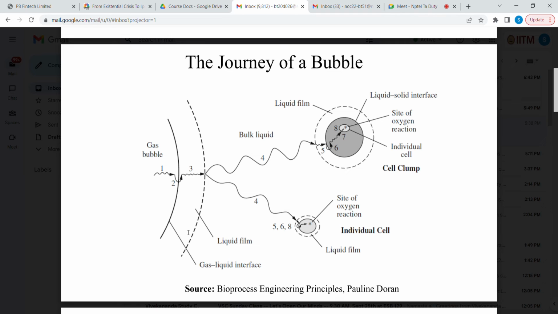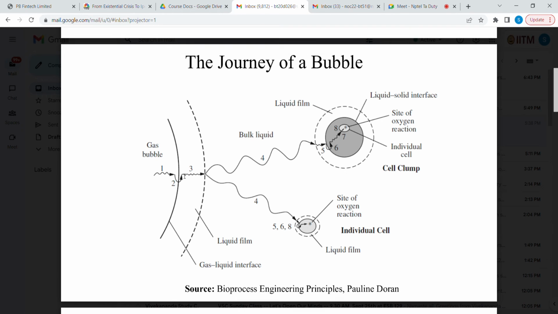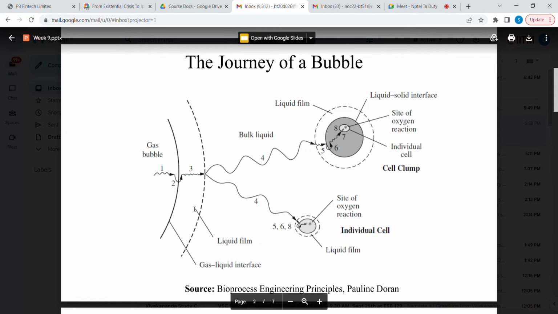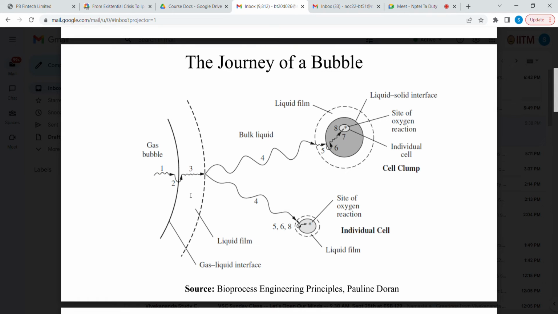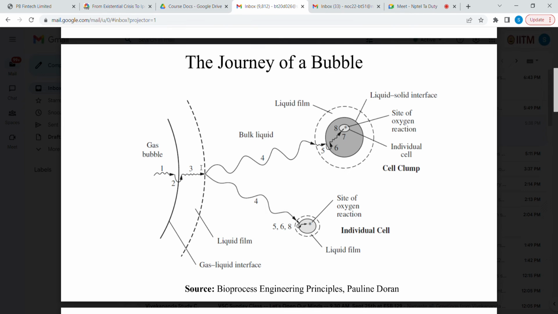It's simple, right? I think most of you should have got the answer. It is the traversal through the near stationary liquid film that is present in the interface between the gas and the liquid, because it's a gas to liquid transfer. Think about it. That's very important, and that is why this is the rate limiting step in most bioprocess operations.